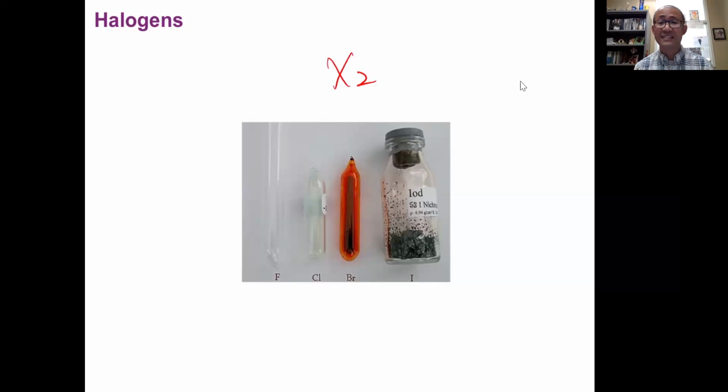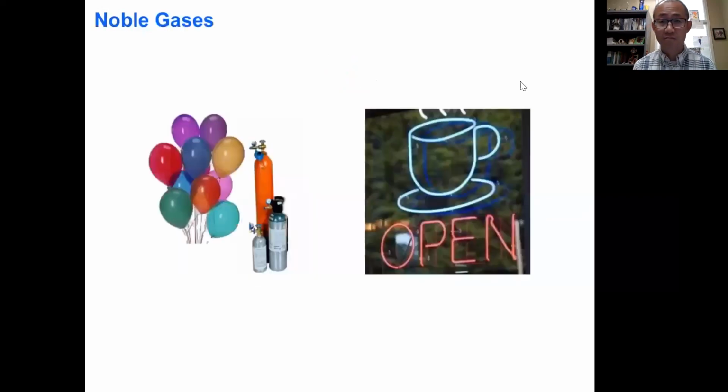They all exist as diatomic molecules. And these elements come in different physical states. Fluorine and chlorine are gases, bromine is a liquid, and iodine is a solid. Very interesting. And these gases, liquid, and solid are all highly reactive. And the last group, noble gases.